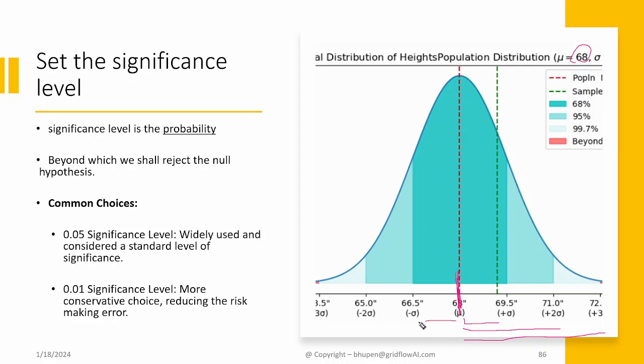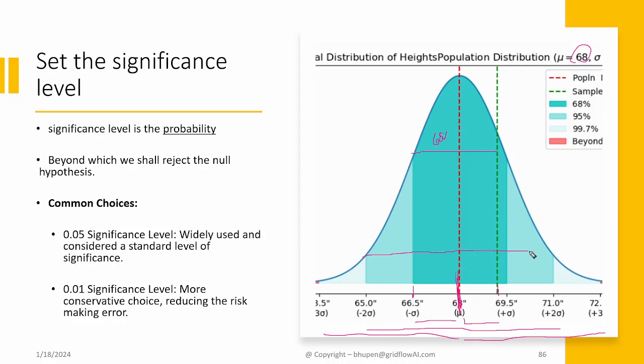Similarly, 1 standard deviation on the lower side, 2 standard deviations, and 3 standard deviations. Empirically, the range covered by 1 standard deviation is 68% of the population. Let's say you have a sample of 100. That means 68 of the 100 would be in this range of the height, 66.5 to 69.5.